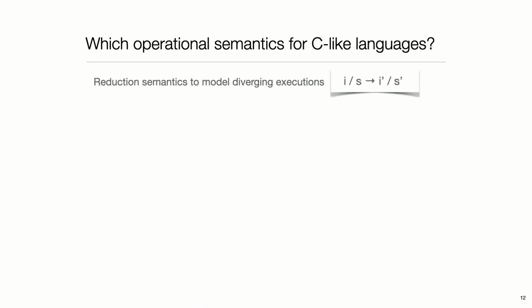So we have small step semantics, reduction semantics that we chose to model diverging executions. So their judgment can be read as follows. Given a statement I and a state S, I is reduced to I prime, thus updating the state S into S prime.